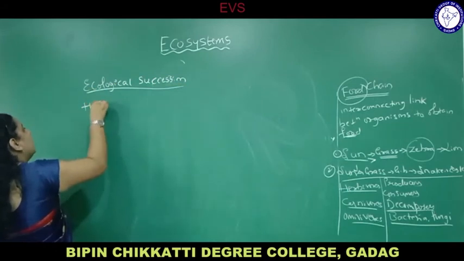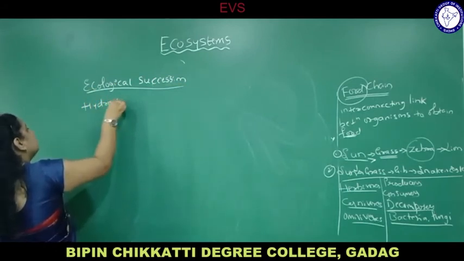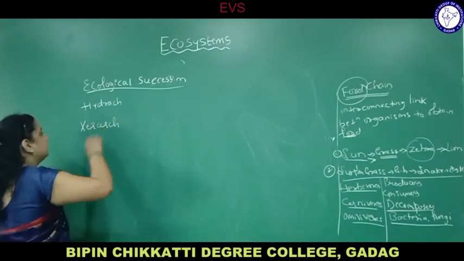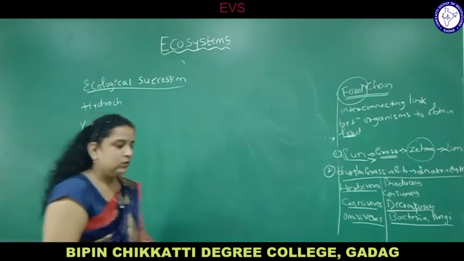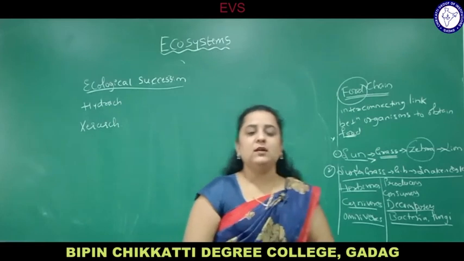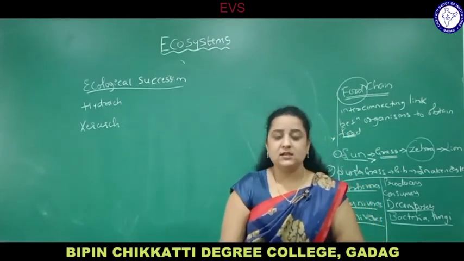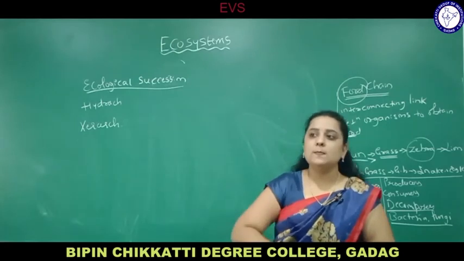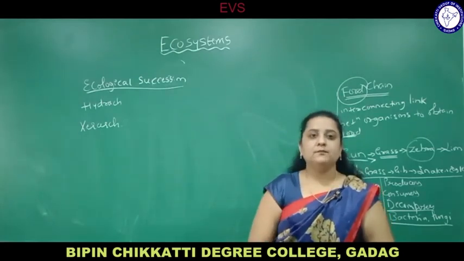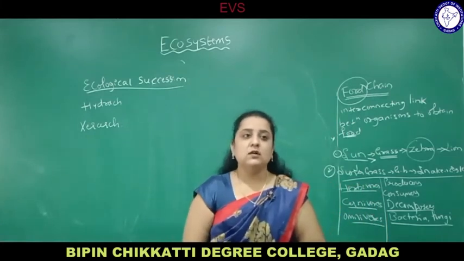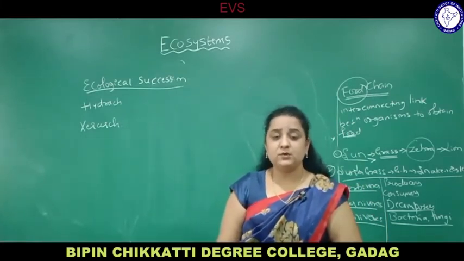Let us study two types: hydrarch succession and xerarch succession. Now you know organisms occupy a particular habitat, that is, they may be aquatic or terrestrial. Some are living on land. Now, is that water body newly formed or is it a very old one? That is called eutrophication. You studied it in PUC.